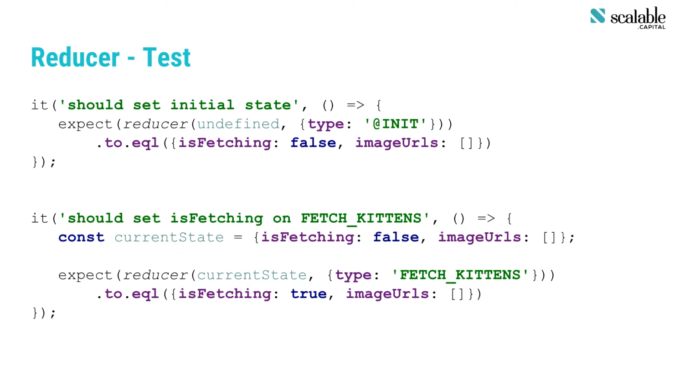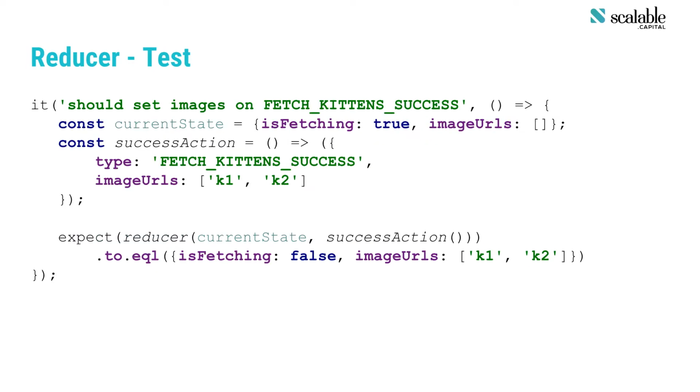You just have to love it for that, because you can check the initial state by just calling the reducer with an undefined state, or you can dispatch the Fetch Kittens action to see if isFetching is true. And the same with the payload: I would dispatch my success action and check whether the image URLs are correctly set from my payload. That part about testing Redux is really nice and really straightforward.